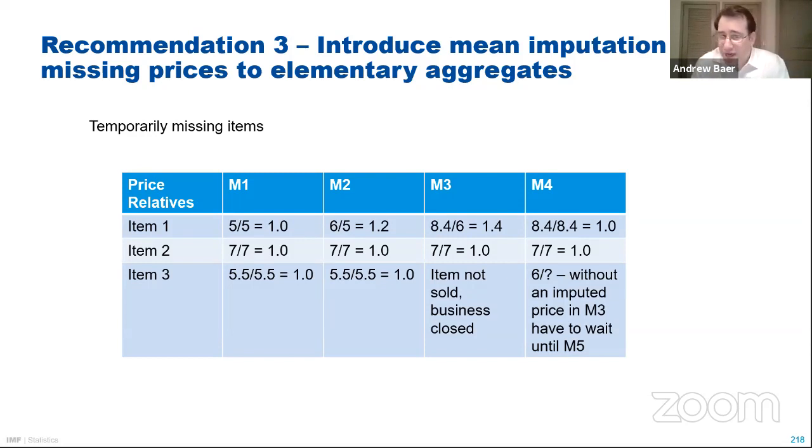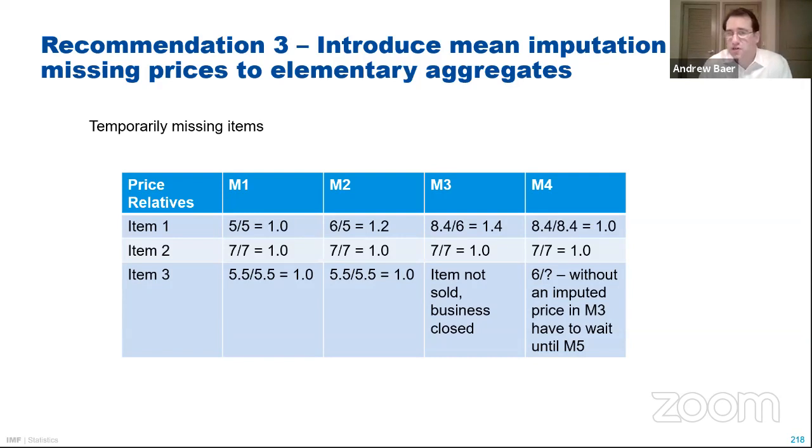And the only way to do that, I believe, is to temporarily impute a price for this item in month 3. Because otherwise, our only choices are comparing directly to month 2, which is not a good solution because it creates bias in the index, or waiting till month 5, when we have both a current reported price and a previous reported price.